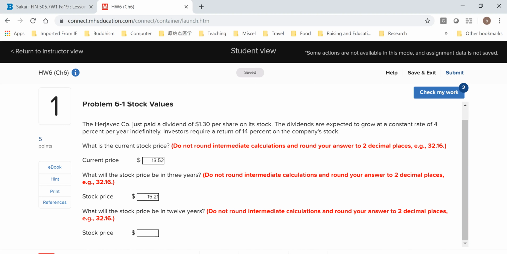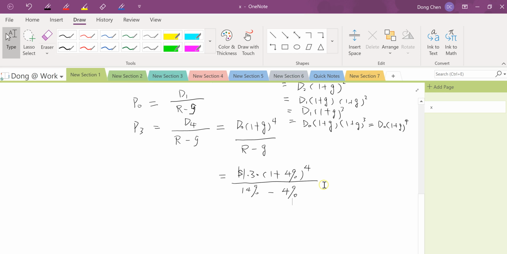And you can see from here, even without calculation, D4 is simply D0 times (1 plus g) to the fourth power.